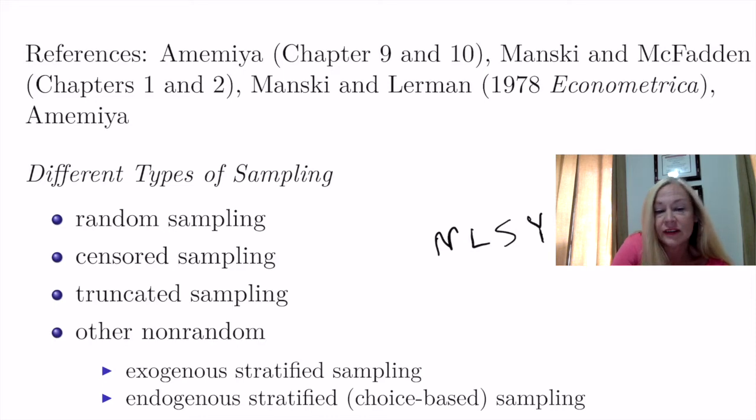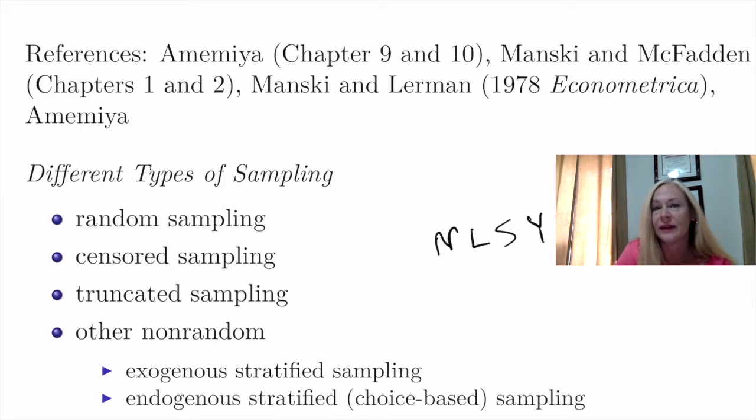Then there's another kind called choice-based sampling, and we're going to look at that today. Choice-based sampling is sampling on the basis of the choice that you made. So for example, in the context of transportation mode choices, suppose that you went to the train station and interviewed people about their choice of transportation mode. Pretty much everybody is going to be choosing train.